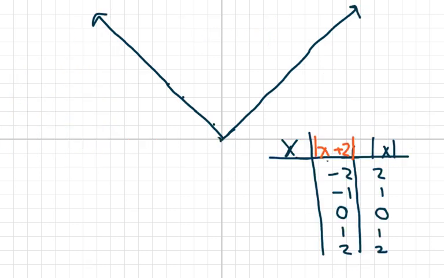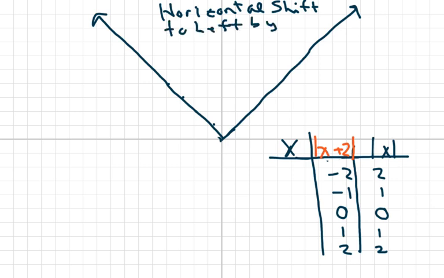Okay. Now, this one we're going to do a horizontal shift to the left by 2 units. Because recall that this is really x minus a negative 2.